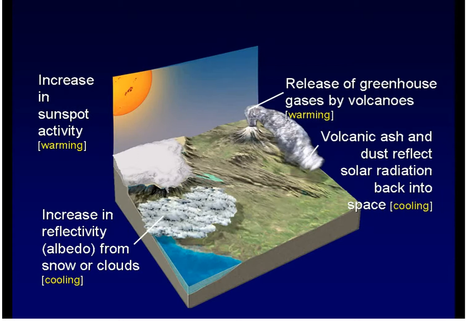Then we have the example of volcanic ash in the atmosphere, which is an opposite effect, balancing out to a certain degree the greenhouse effect, with volcanic ash and dust causing reflection of solar radiation and overall cooling.